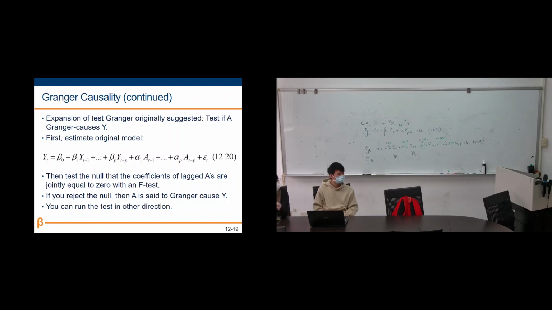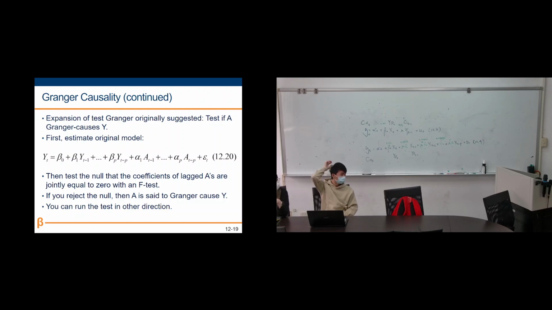If I can show this one always comes before this one, then we say a Granger causes y. But how do we do that? There are 4 situations you have to check. Sometimes a causes y, sometimes y causes a. This is what we say, y causes a, causes y.